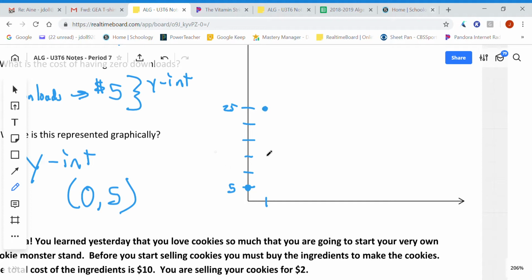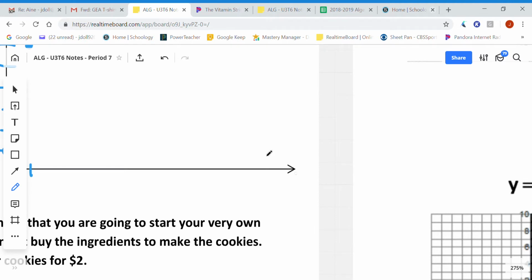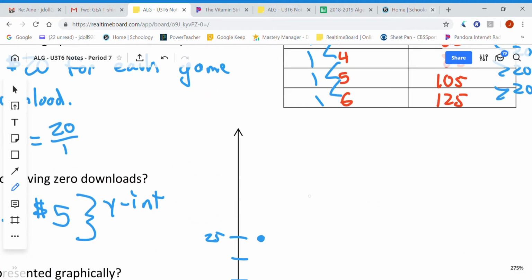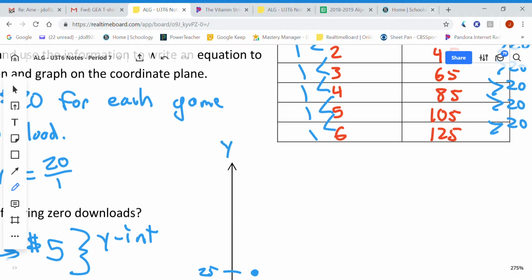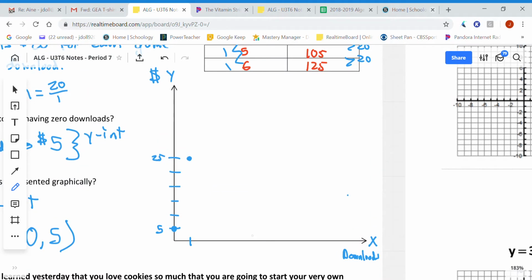Now, notice I don't have a second, a third, and a fourth quadrant because, as we talked about in the previous notes, I can't have a negative number of downloads, right? This is X, so this is downloads. You can't download a negative number of games, and I can't pay a negative amount of money. So my line is actually going to start at the y-intercept and increase.